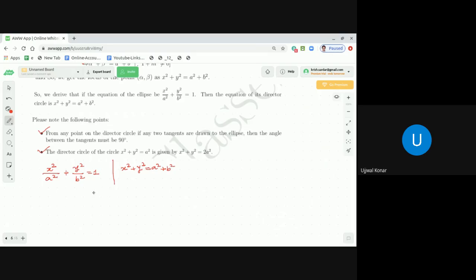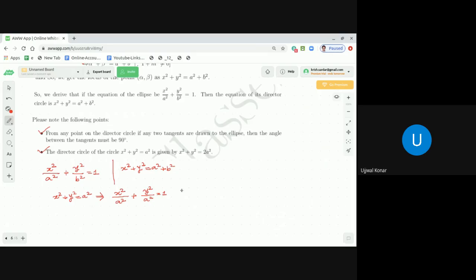Now, if we have x square plus y square equal to a square, that means x square by a square plus y square by a square equal to 1.